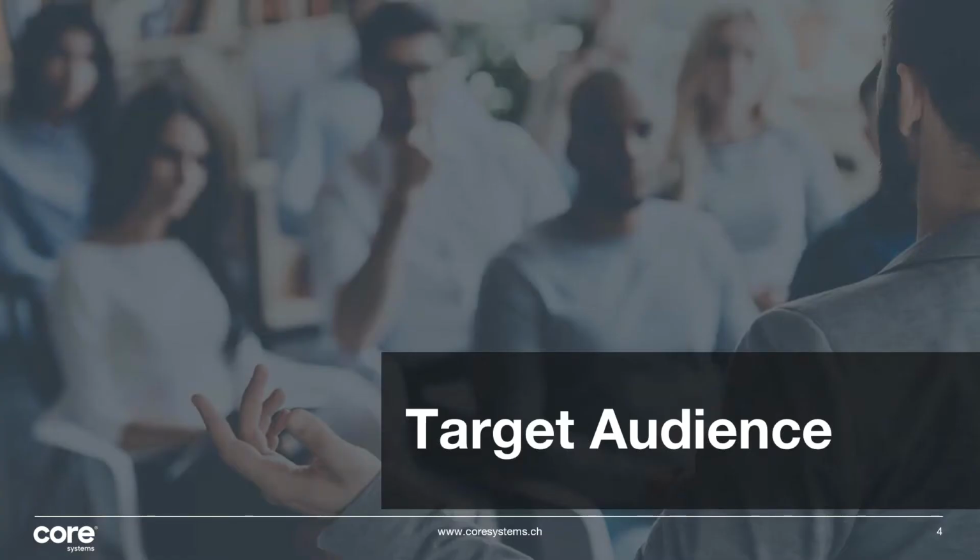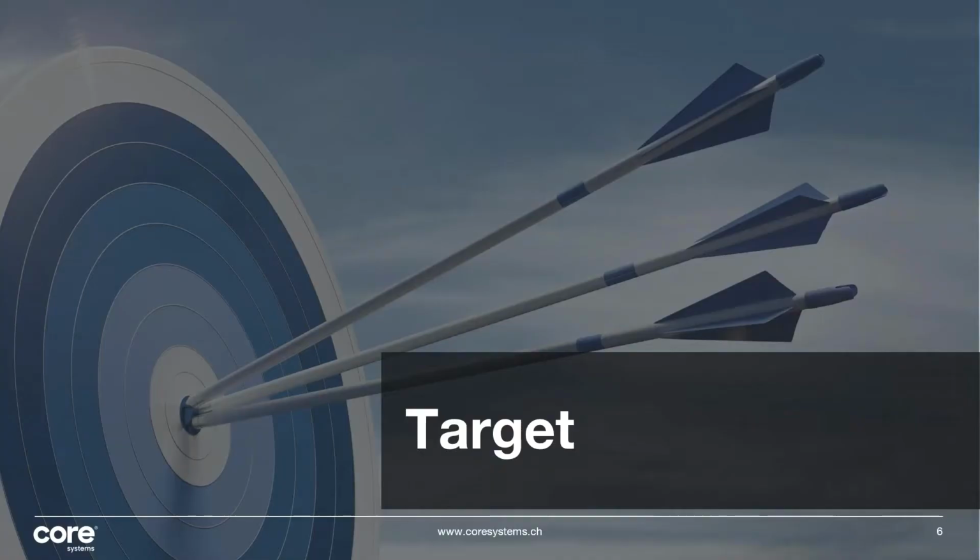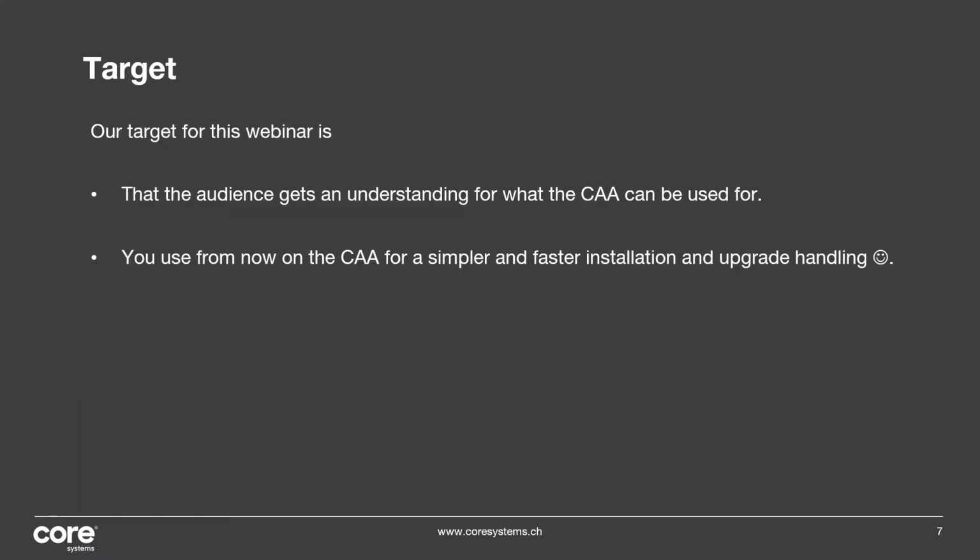Coming to the target audience, the webinar is targeting mainly system administrators, so people who have to do updates or install modules and so on. This goes along as well with consultants who are involved in customer projects where this is a common topic. The target of that webinar is that you understand what you could use the CAA for.